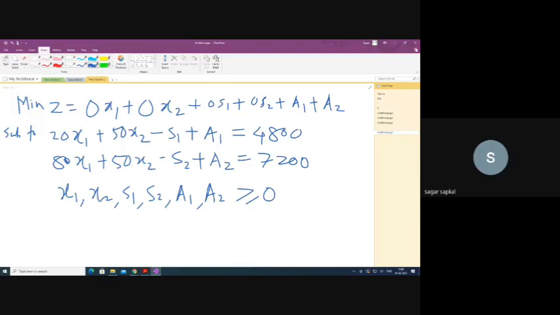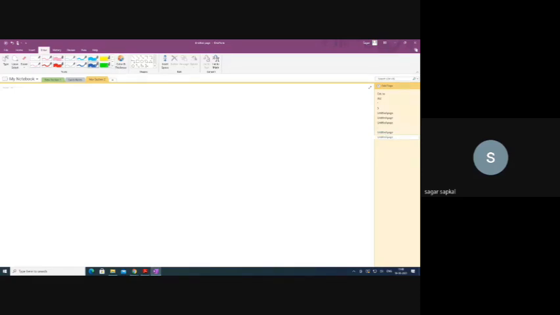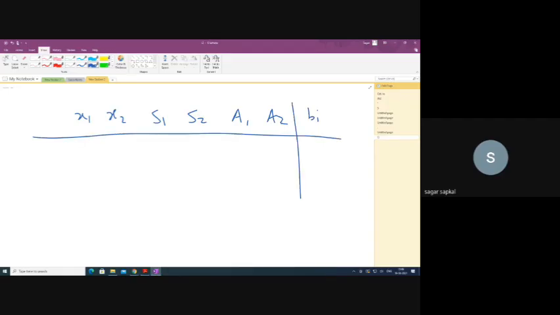Now write the initial feasible solution. Okay, so it can be written like this. So x1, x2, s1, s2, a1, a2, bi. Here it will be a1 and a2.